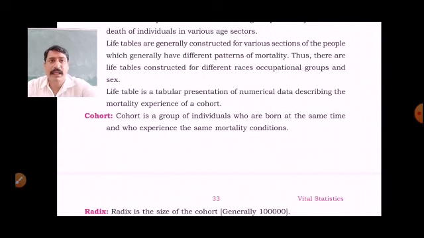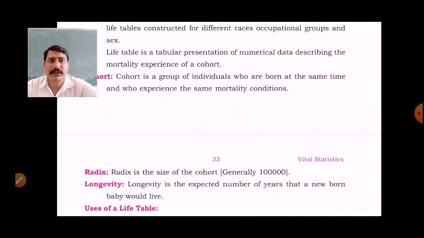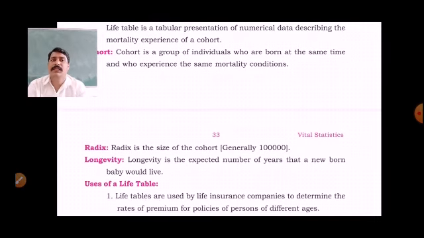Next, one more term comes here, that is radix. Radix is the size of a cohort. A cohort is a group of people who were born at the same time and who experience the same mortality conditions. For example, if you take the persons born in the year 1900, their mortality experience is different from our mortality experience.